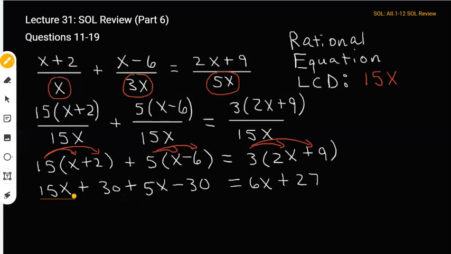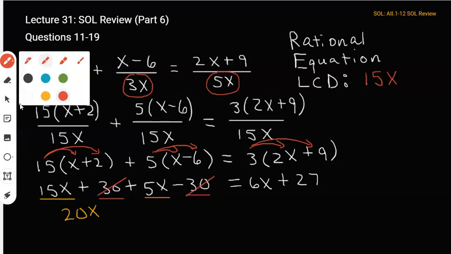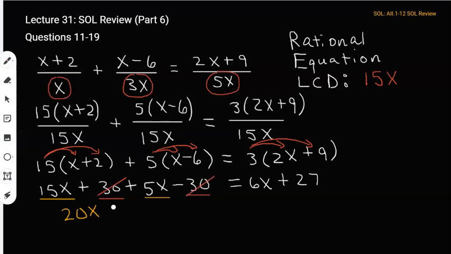I've got a 15x and a 5x. I can put those together. I get 20x. And then I can put the numbers together. 30 minus 30, those are actually going to cancel out, so I can cross them out. And then over here on the other side, I'm going to have 6x + 27.